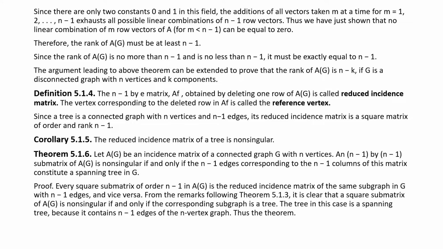Every square submatrix of order n minus 1 in A of G is a reduced incidence matrix of the same subgraph in G with n minus 1 edges and vice versa. From the remarks following theorem 5.1.3, it is clear that a square submatrix of A of G is non-singular if and only if the corresponding subgraph is a tree. The tree in this case is a spanning tree because it contains n minus 1 edges of the n vertex graph. Thus, the theorem.